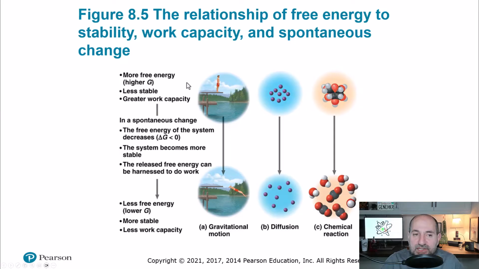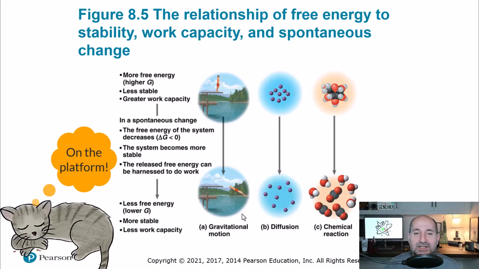So think of free energy as the total available energy to do work, right? A system's free energy to do work. So would the gentleman on the platform have higher free energy, so higher ability to do work, or the person when he's in the water? Which one do you think has higher free energy, more ability to do work?